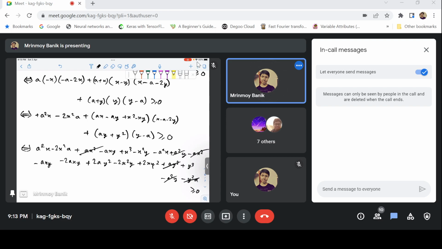Nothing more. Yeah, minus a squared x plus a squared x. Left with x cubed, y cubed, x cubed, x squared y.